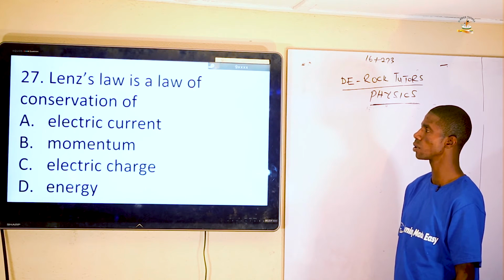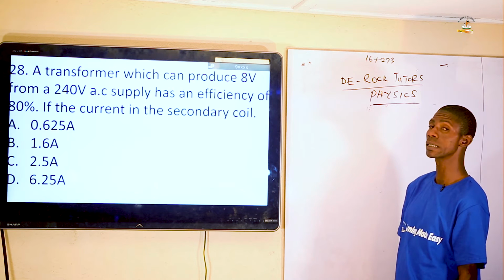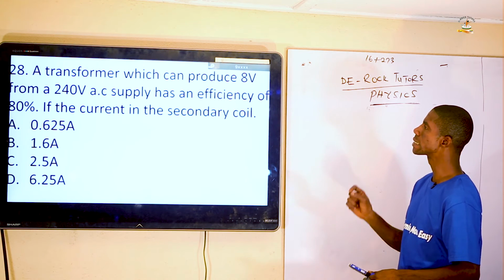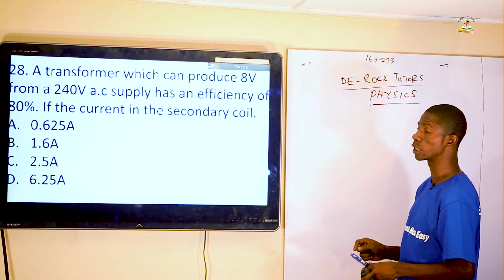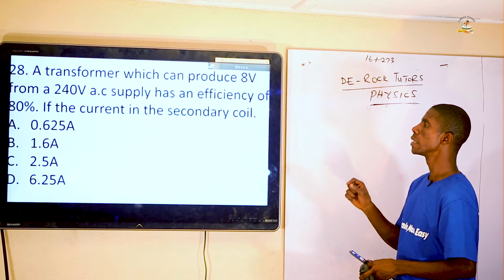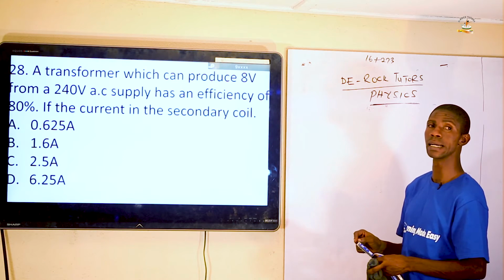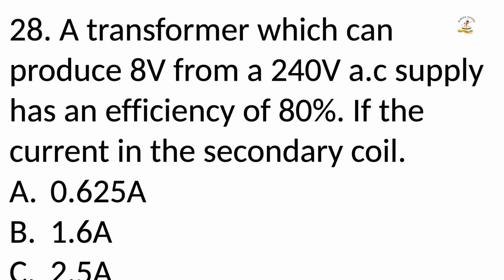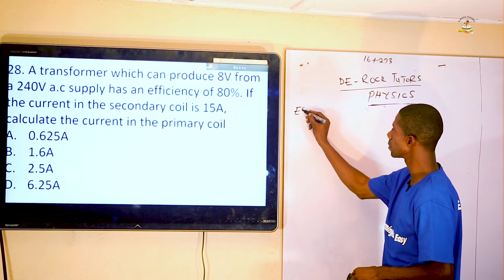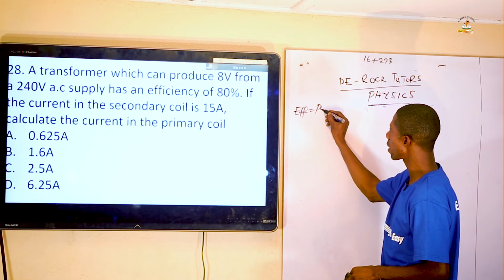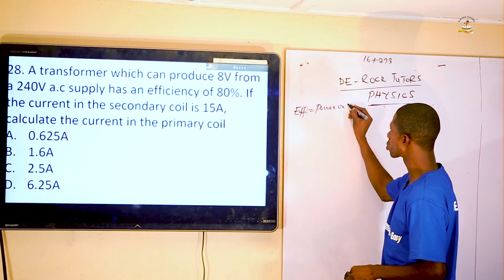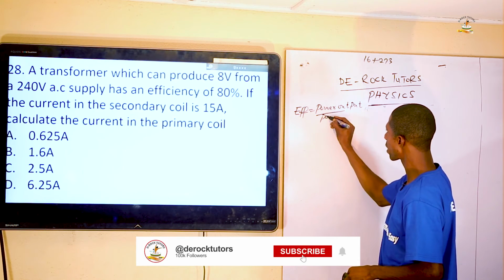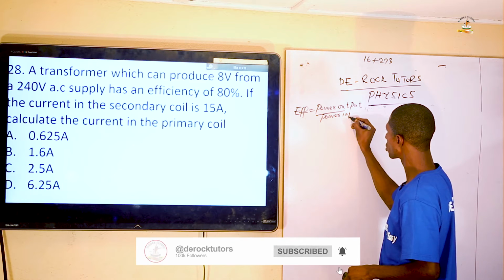Then we have the next question. Let's see how we go about solving this. A transformer which can produce 8 volts from a 240 volt AC supply, where AC is alternating current supply. We have efficiency, which will give us power output over the power input.